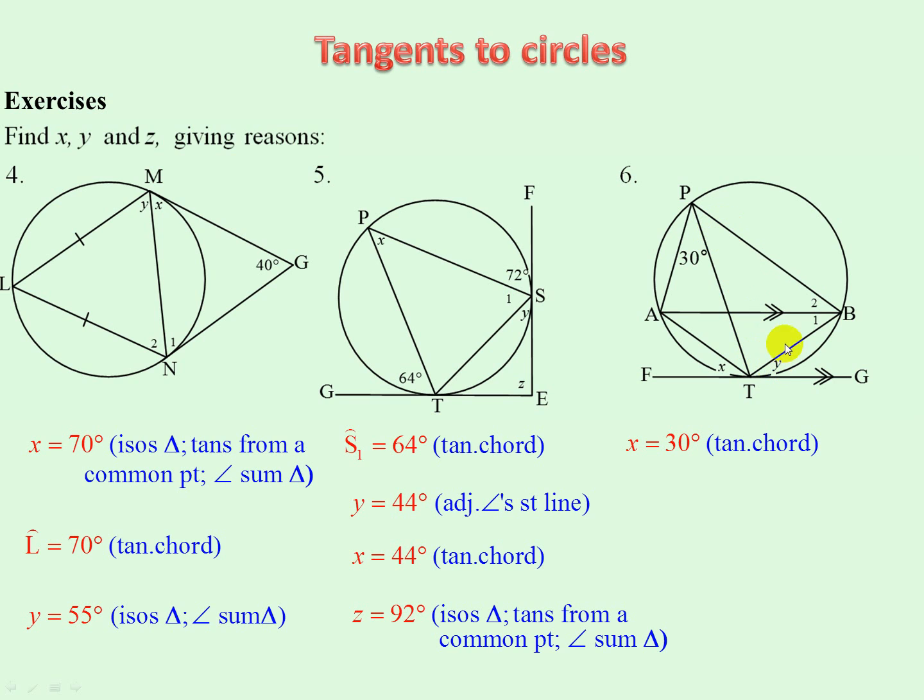I don't know it. And I can find that because, have a look, we have this bow tie shape, the angles in the same segment. So, we can find B1 is 30 degrees, angles in the same segment, which means y is 30 degrees. Alternate angles, and don't forget to state the parallel lines.